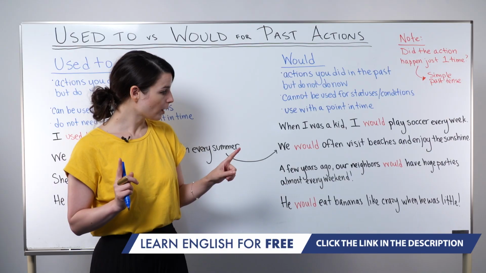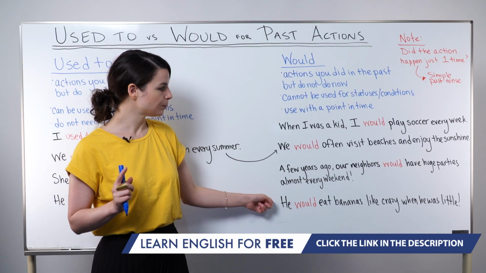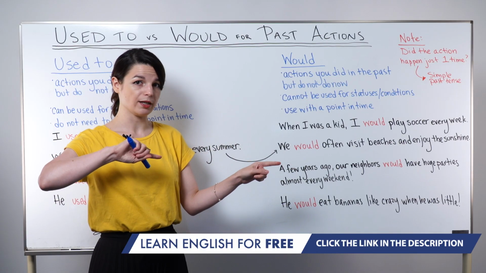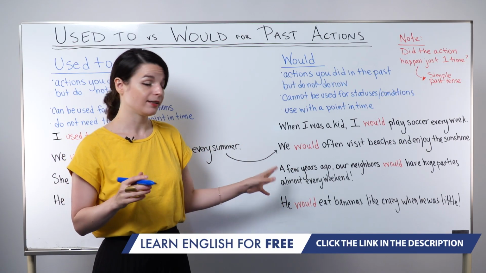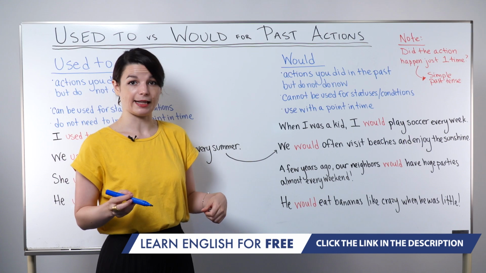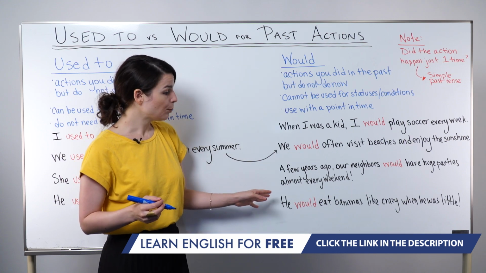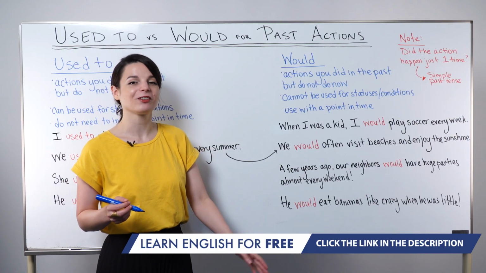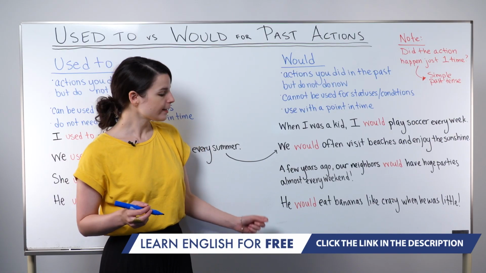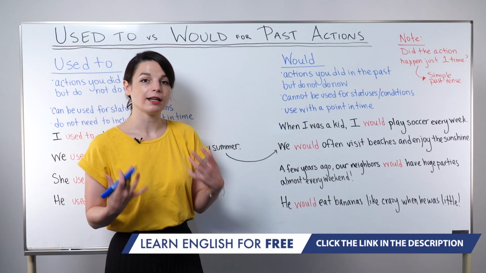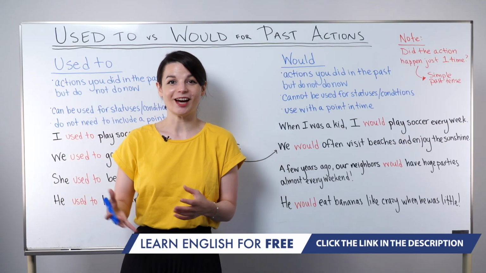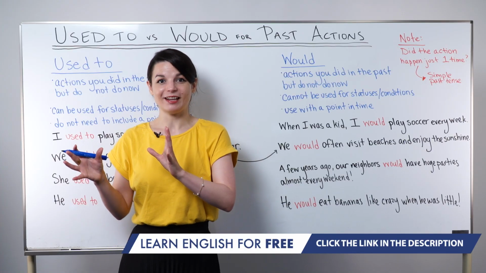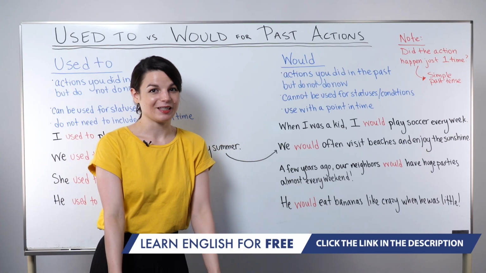Okay, one more example here. In this example, I have not included a time period before would, but you may hear sentences like this one. He would eat bananas like crazy when he was little. This is something that you might hear if you're in a conversation where someone is talking about the way an adult or maybe a young person was when they were very small.